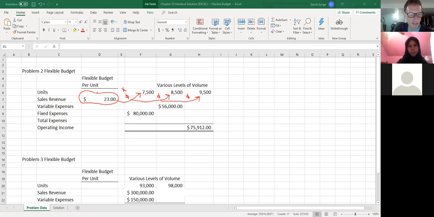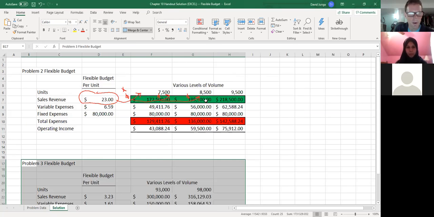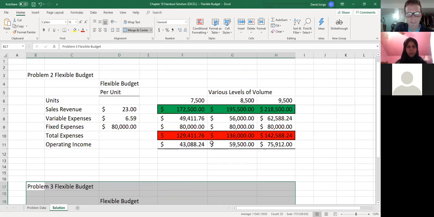So having said that, let me switch to, I've already kind of got this worked out for you. So check this out. And again, this is what I just talked about. Let's go back over this. I highlighted in green your sales revenue.